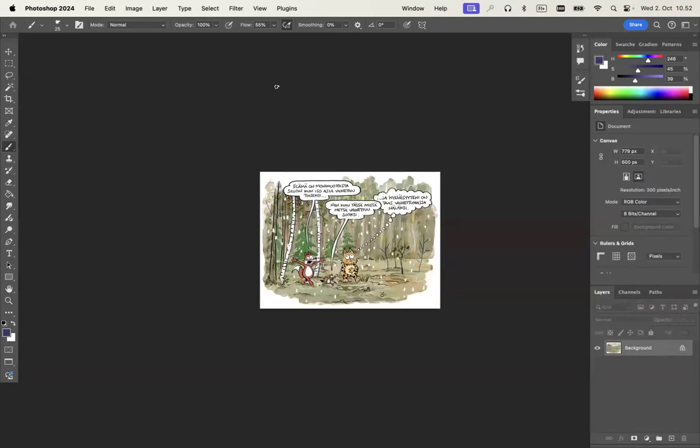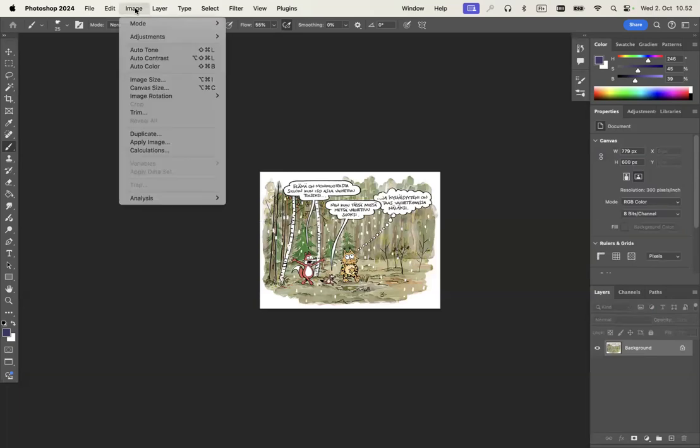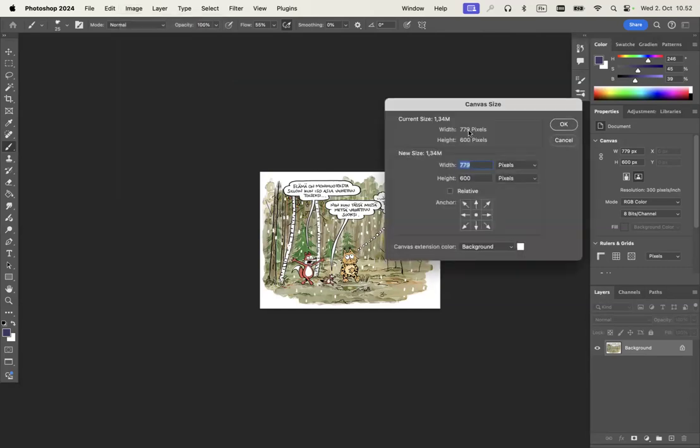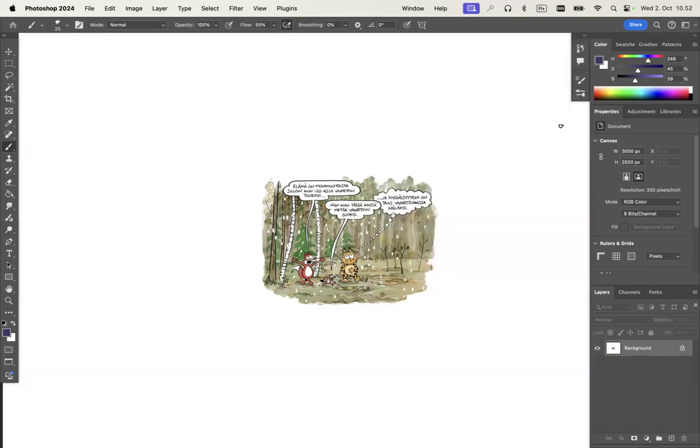Okay, I'll make this bigger so I can have this image side by side with others. Canvas size. It's very small now, so let's make it bigger. There we go.